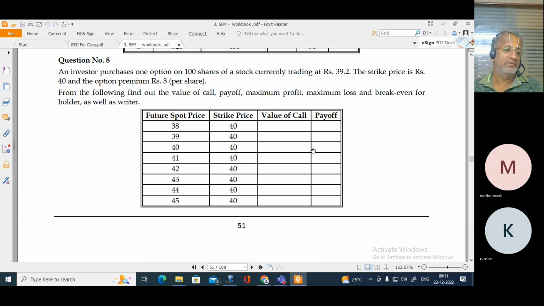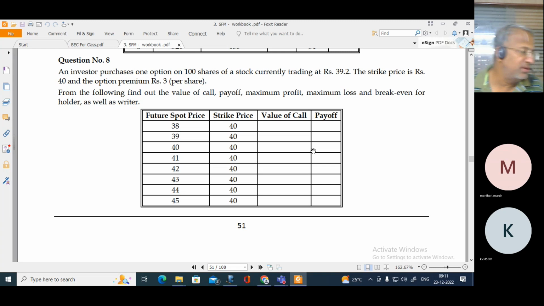Question number 8. An investor purchases one option on 100 shares of a stock currently trading at 39.2. The strike price is 40 and the option premium is 3 per share.